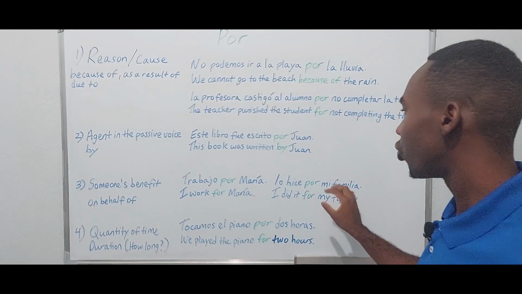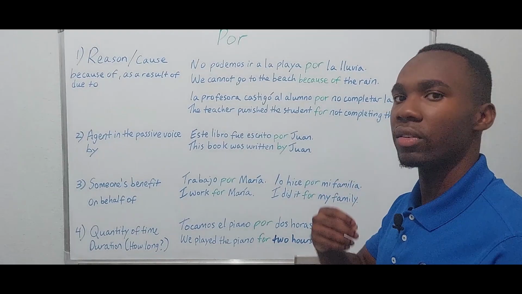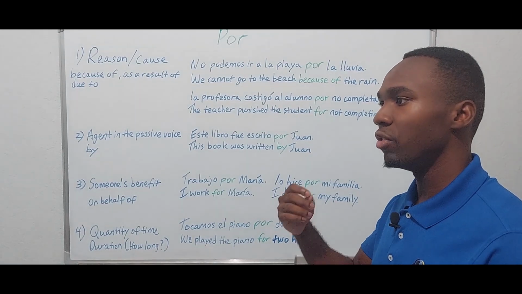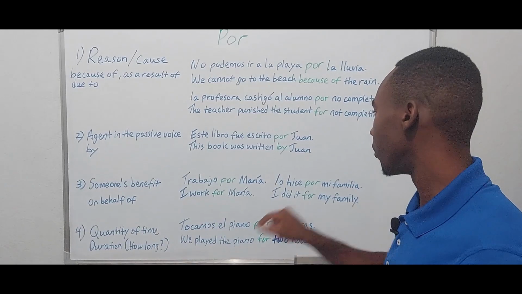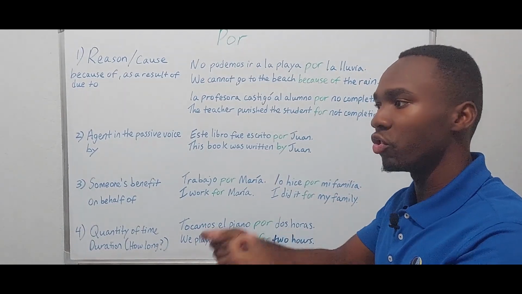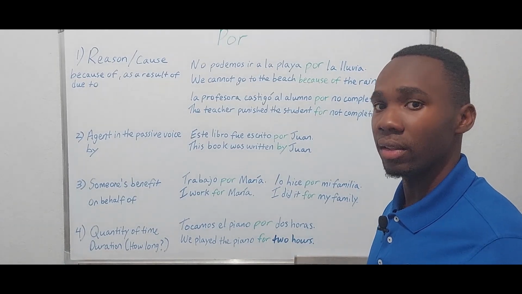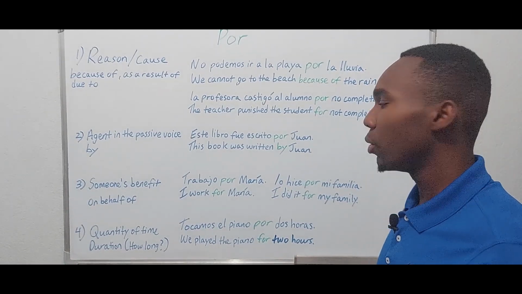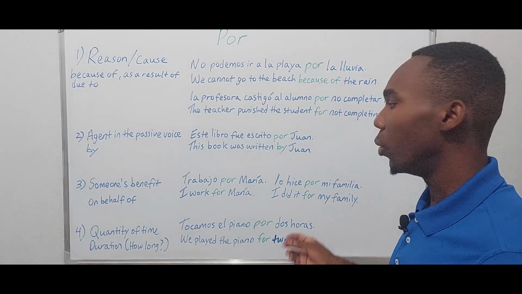So if you translate this as saying "I did it because of my family," then you're saying that the reason that you did whatever you did, it was because of your family. So your family caused you to do it. Whatever it is, whether it's a good thing or a bad thing that you did. But that would be a slightly different meaning.